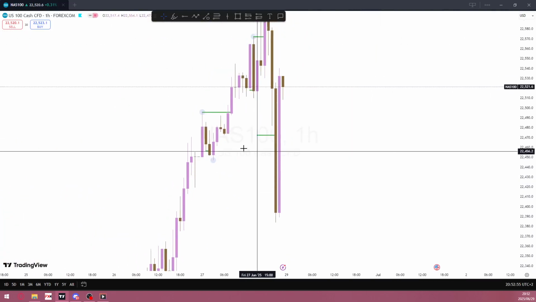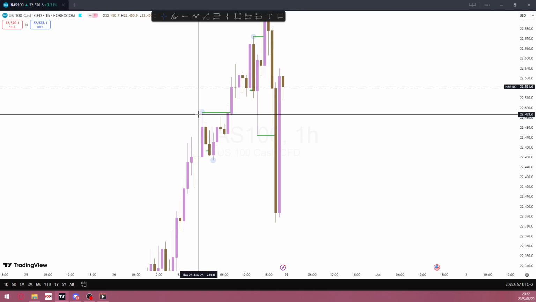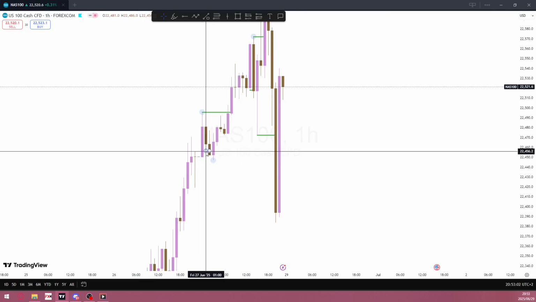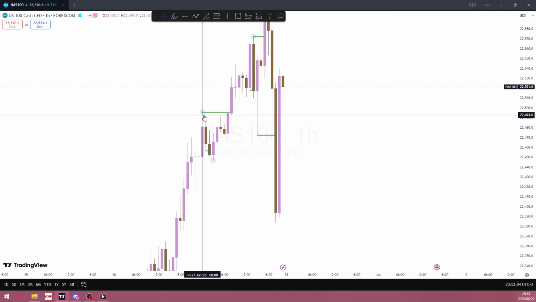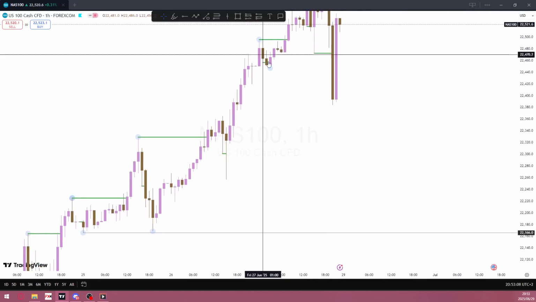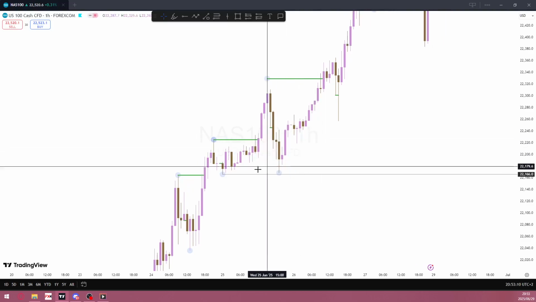This high wouldn't have been targeted, or we wouldn't know it's a targeted high until we saw a valid pullback rule get in place. The moment you saw that, you know that's a valid high, and now we can start looking for longs to take out the targeted high. Okay, same with this low.